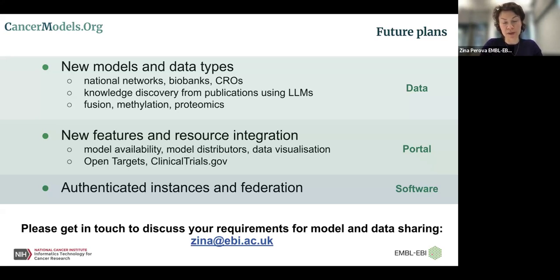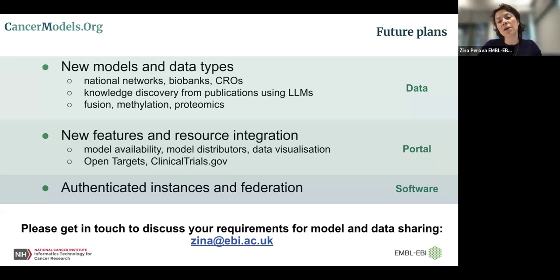For some, such as ATCC for cell lines, everyone knows about it anyway. But some models coming from individual academic labs are distributed through smaller companies that might not be very easy to find. So we're trying to get in touch with these model providers and, if the models are available through a third-party distributor, include this information as well, to lower the burden on the model provider to answer email requests from people wanting to get specific models.